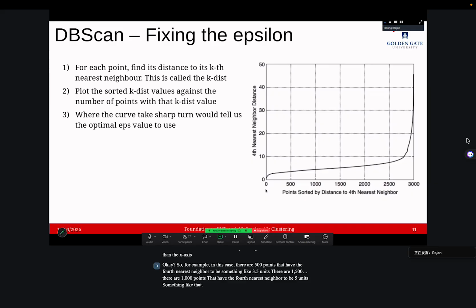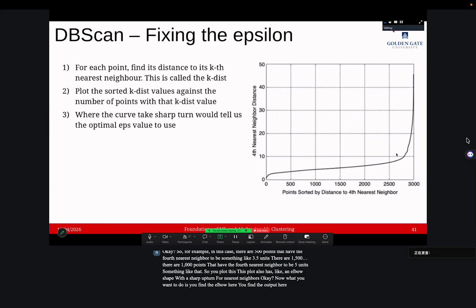So you plot this. This plot also has an elbow shape with a sharp upturn. Now, what you want to do is find the elbow here. You find the distance corresponding to that elbow and use that as your epsilon.